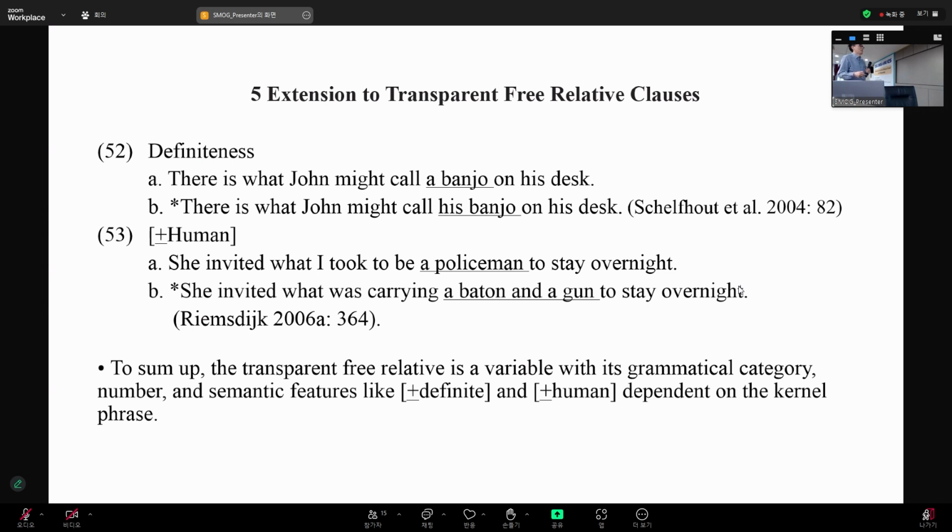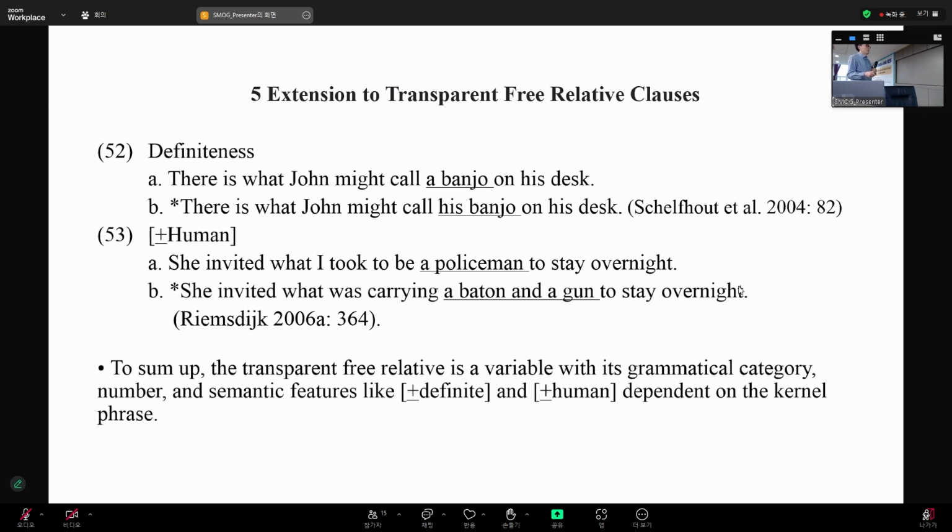53 can be explained in the same fashion. She invited what I took to be a policeman to stay overnight. In here, a policeman has the feature plus human, which means that the what clause has the feature plus human. So it's compatible with the verb invite because invite wants its complement to have a feature plus human.